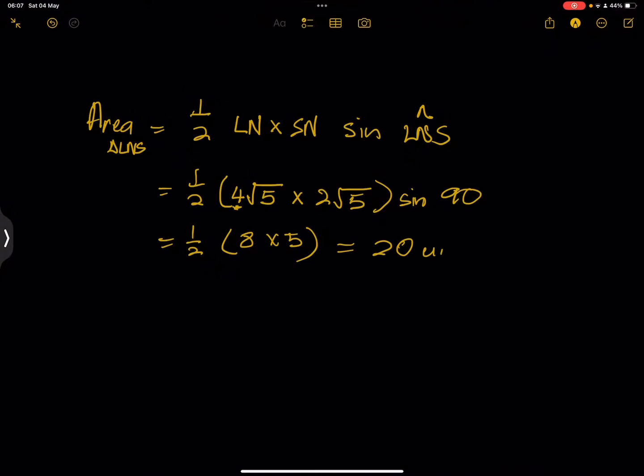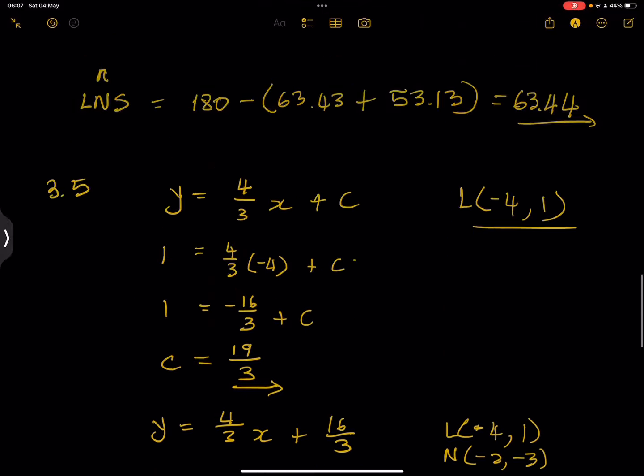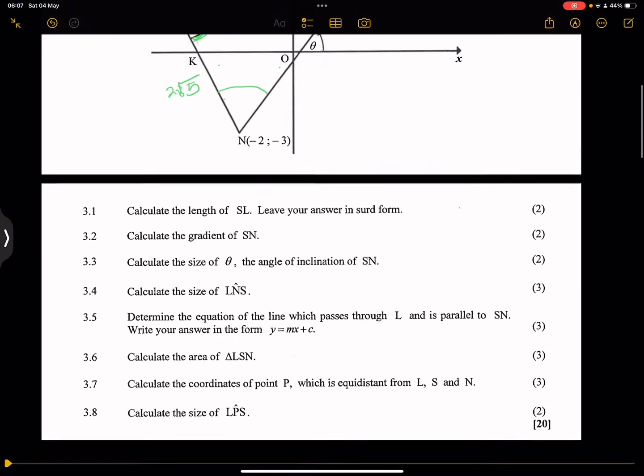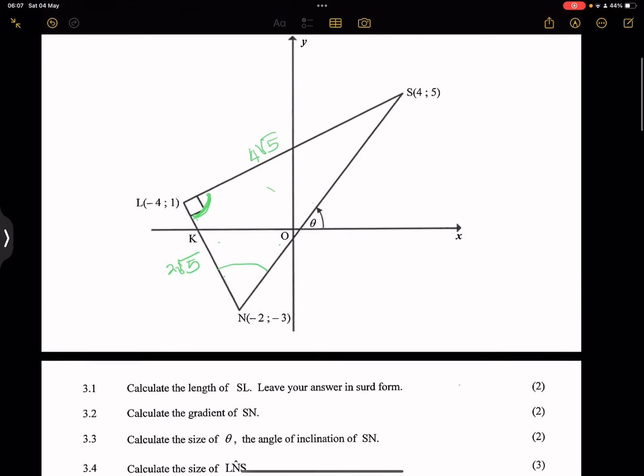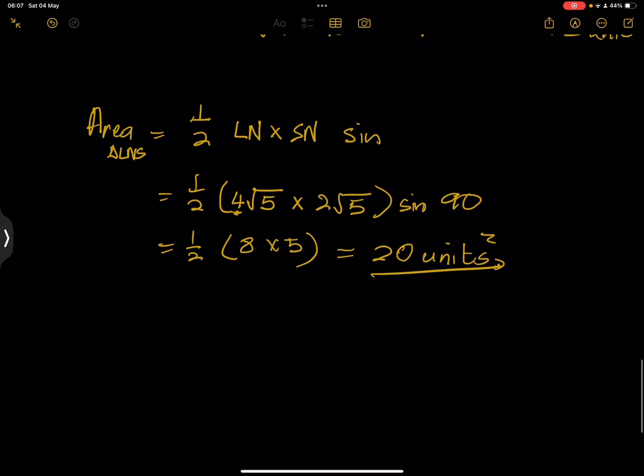Okay, so that's 20 square units. All right, so that is the area of the triangle. So the angle there would be NLS. Okay, right. So apologies about that.